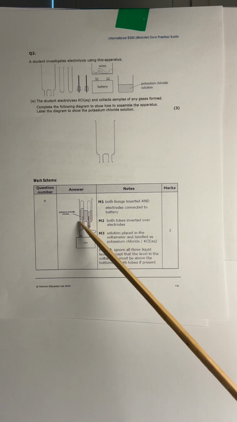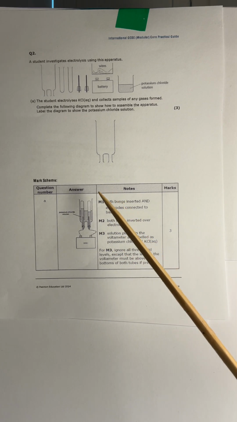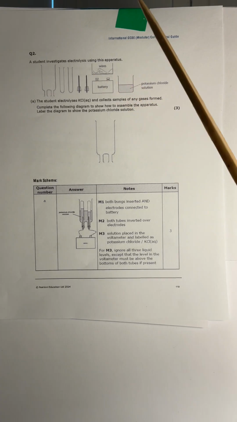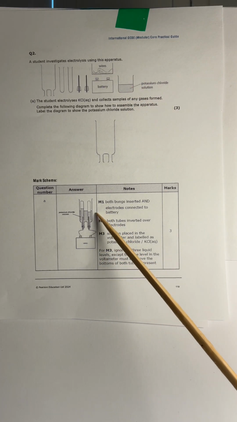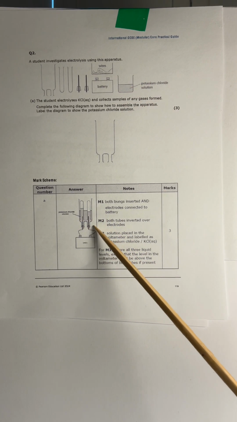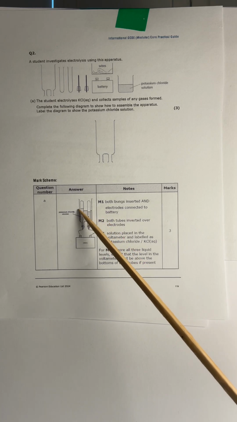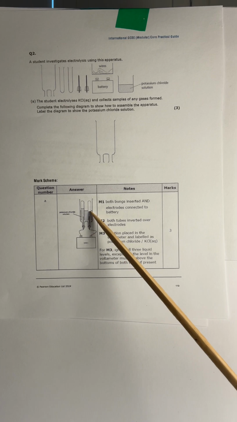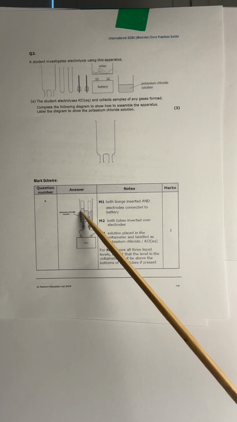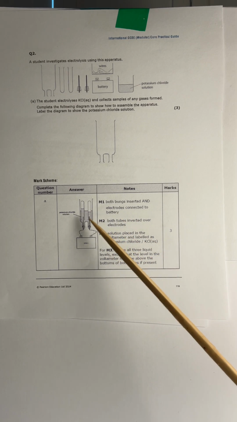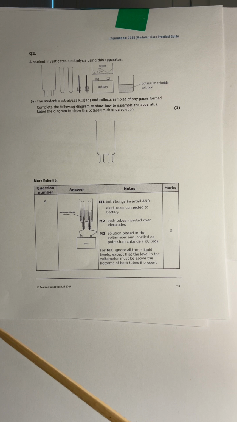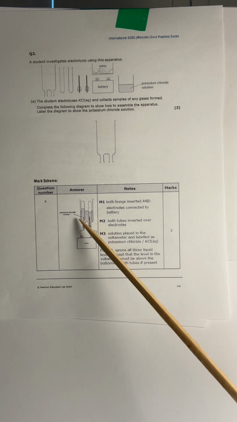This is your container where the electrolysis takes place, and they give you the wires. What they most want is that the solution of electrolyte covers the electrodes and is inside the tubes. They don't care exactly which level, as long as the electrolyte is covering the electrodes and the bottom of the tubes.